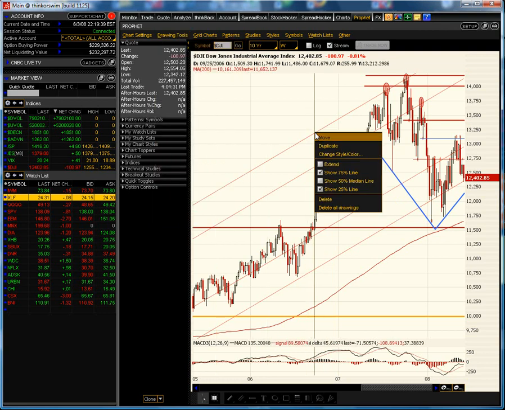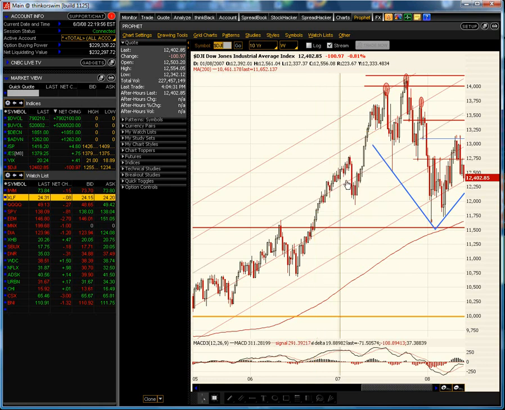And I can show you too that if you highlight this, you can show the 75% line, which is this upper middle line, and you can show the 25% line, which is this lower middle line. You can also show the 50% median line, which goes right through the center of it. And sometimes that's significant as well.